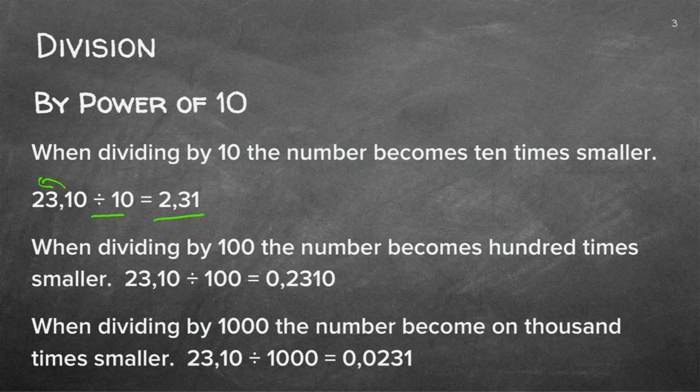When dividing by 100, the number becomes 100 times smaller, so 23.01 divided by 100 will give us, remember we move it 2 places to the left, 0.2301. And then, just for fun, when we divide by 1,000, we move the decimal point 3 times to the left.